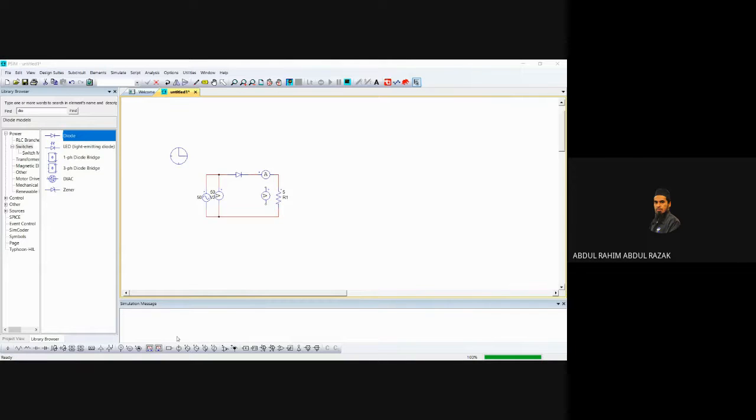By right, we have to put current measurement at the input and output as well. But for this system, if we just put it at the output, at the load, it is sufficient, because the pattern of the current drawn by the load from the source, if measured anywhere, is almost the same.